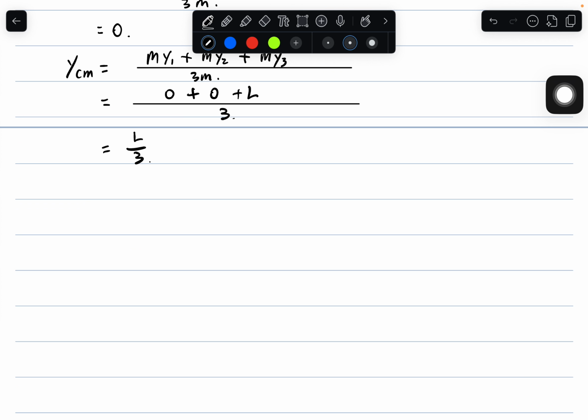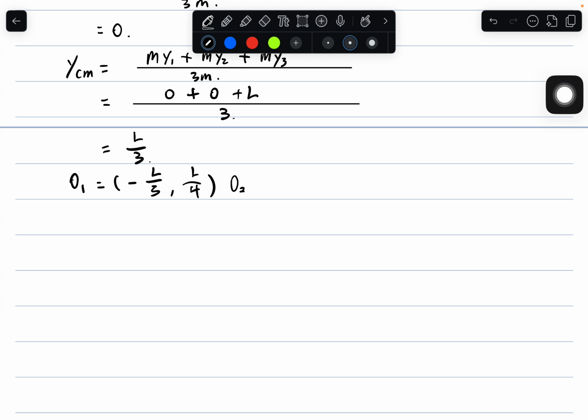Okay, now we know the center of mass, so now we can calculate the position of object 3. We have object 1 equals negative L over 3, L over 4.